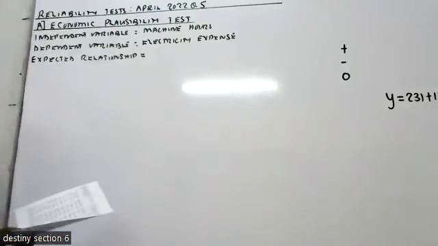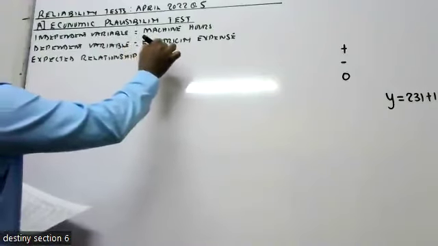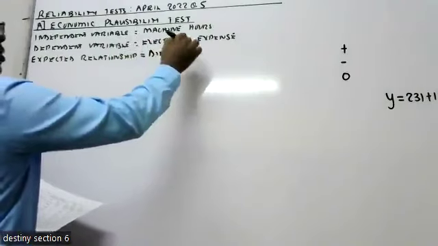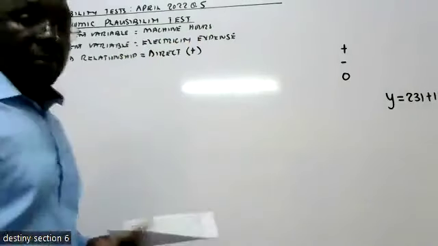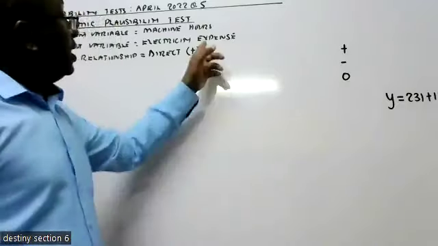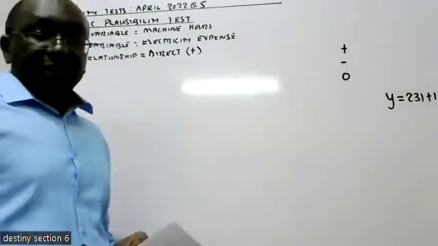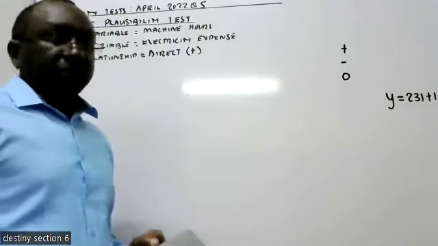I think a direct relationship. Very good, Audrey. Here we expect a direct relationship. Positive. As we do more machine hours, or our machine runs more hours, we should incur more electricity. So they are changing towards the same direction.